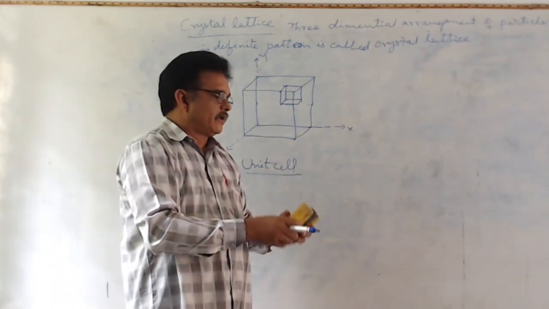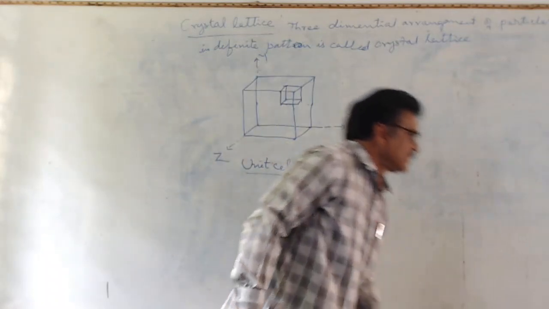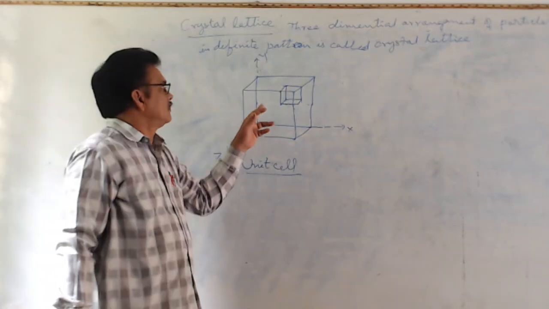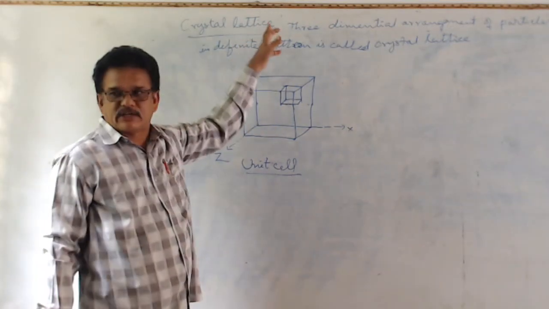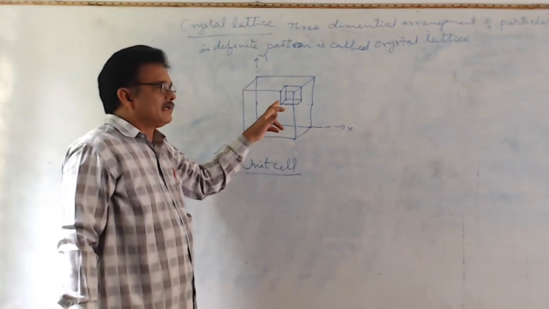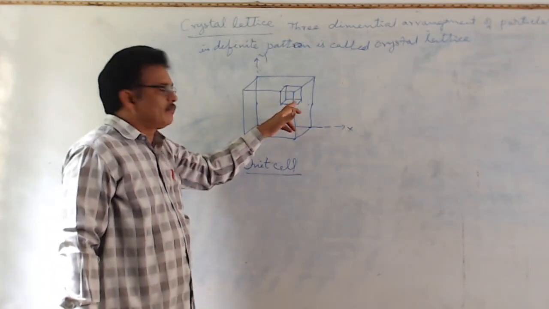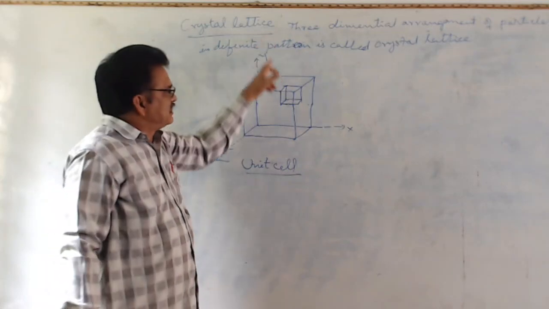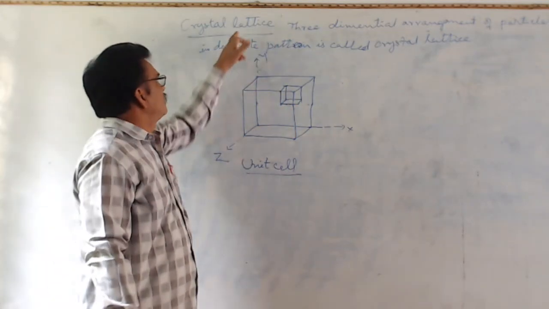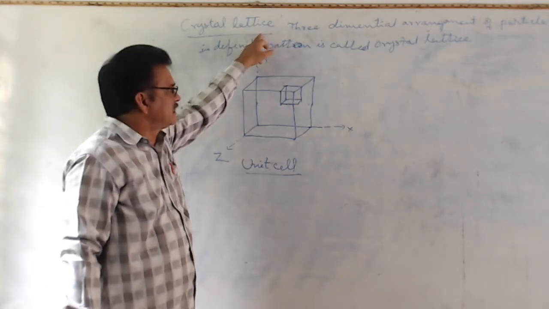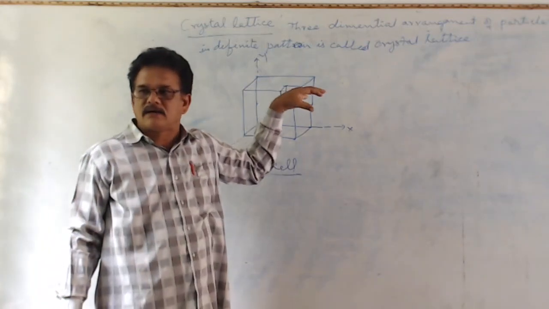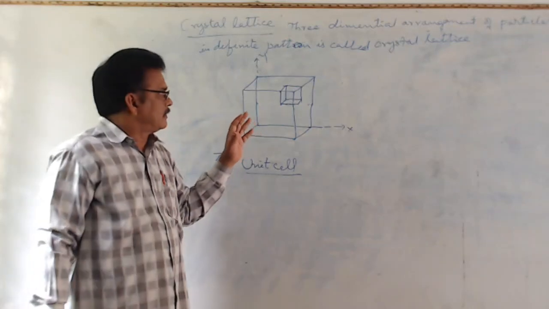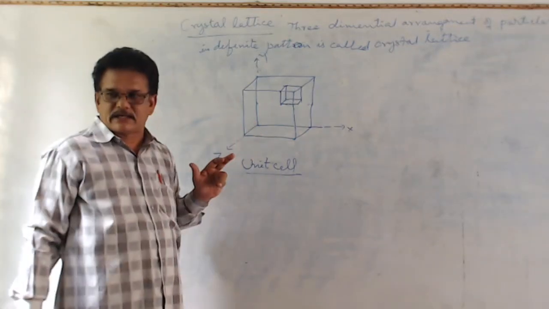In this way, a large number of unit cells come close together, arranged in three-dimensional mode, to form the entire crystal lattice. The shape of the unit cell is the shape of the crystal lattice. That means the unit cell is the fundamental part of the crystal lattice.